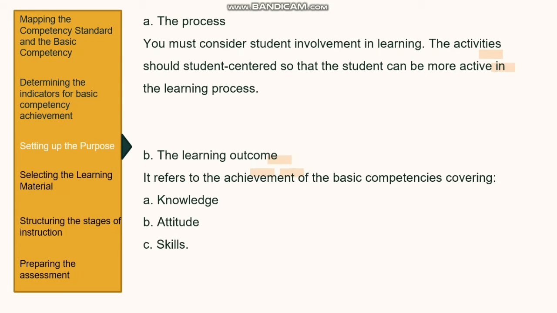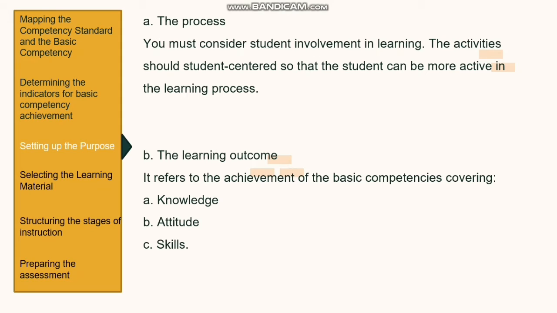The next is setting up the purpose. A. The process. You must consider student involvement in learning. The activities should be student-centered so that the students can be more active in the learning process. So not only teachers must be active in learning activities, but students must also be active.